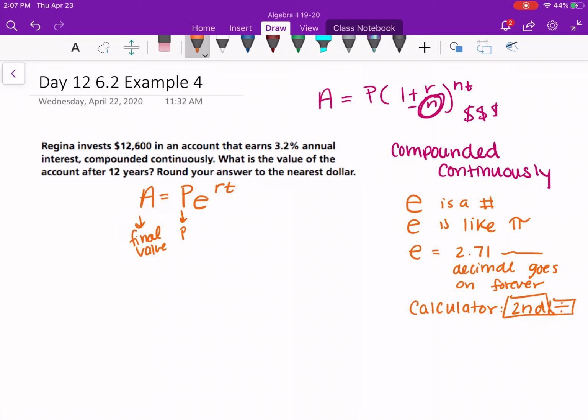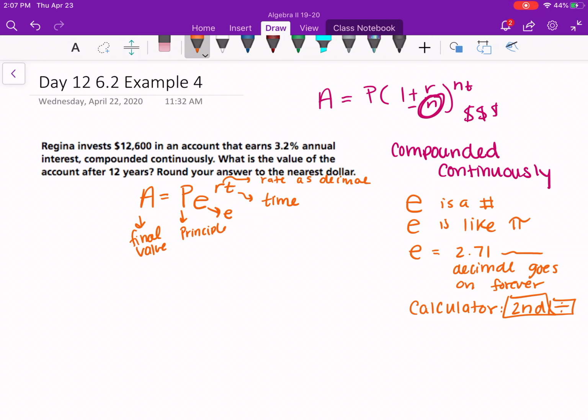P is your principal value. E is E. Remember, it's not a variable, it's its own number. R is the rate as a decimal. And T is time. So it actually makes these equations really, really easy.